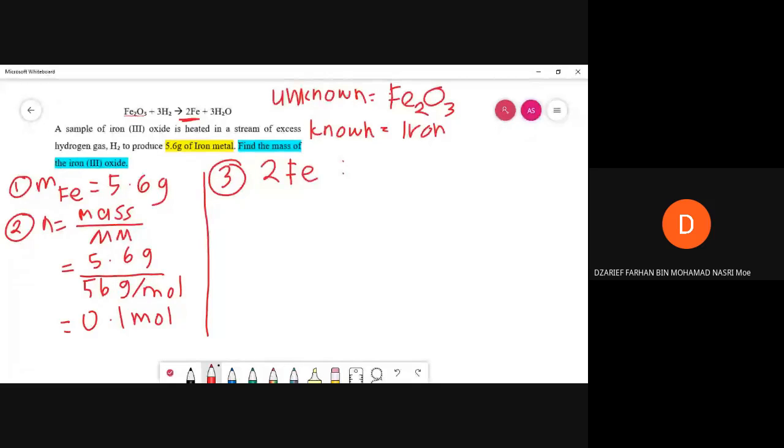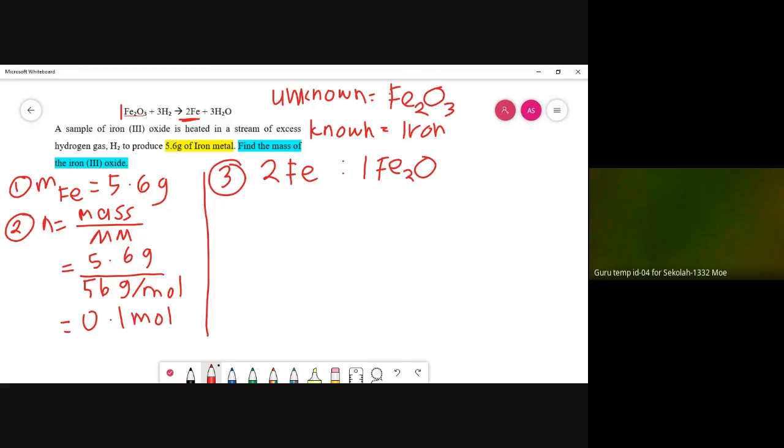And then mole for Fe2O3 adalah 1 Fe2O3. Dia panggil 1. Kita tak tulis 1. Okay. So now the new mole for Fe is 0.1.